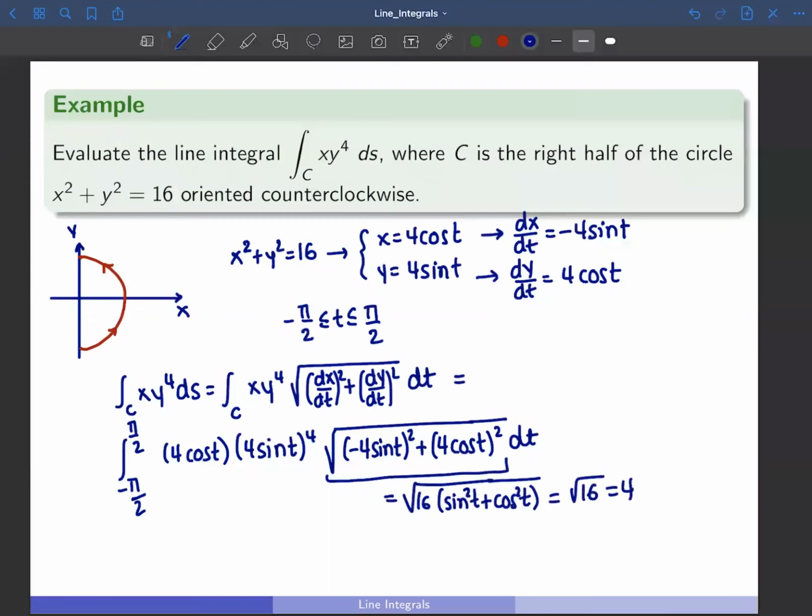And therefore we have a 4 from here with a 4 to the fourth, which will give us a 4 to the sixth, which we can pull out. So we have a 4 to the sixth integral from negative pi over 2 up to pi over 2. And what remains is the cosine of t times sine to the fourth t dt.